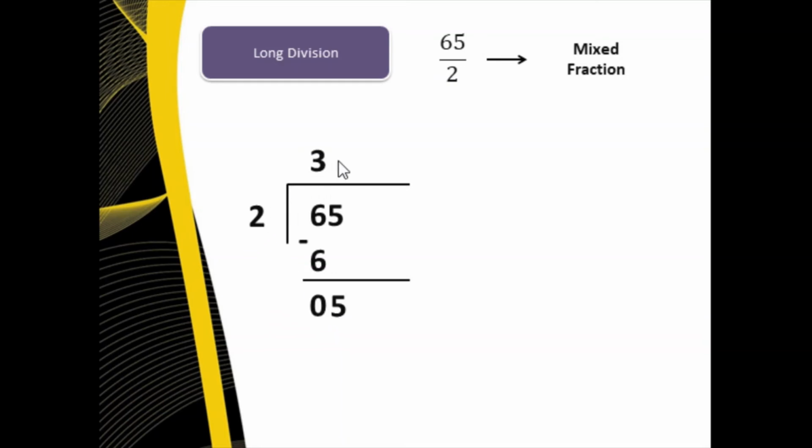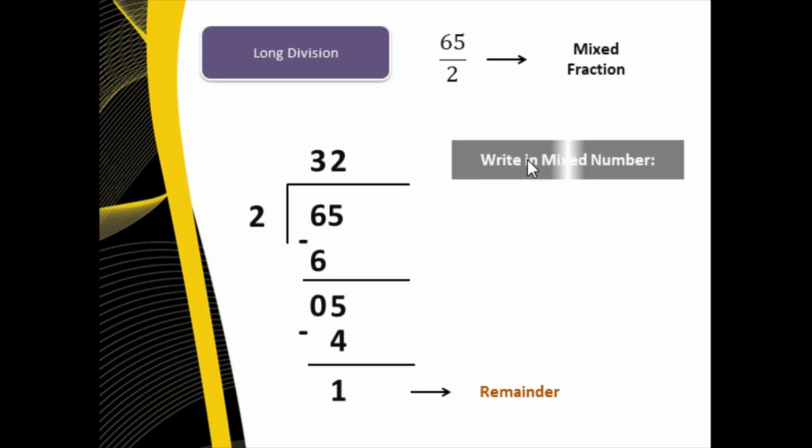We get 2. 2 times 2. We get 4. Subtract them. 5 minus 4 is equal to 1. We stop with 1 because 1 is our remainder. What is 1? Again, repeat after me. Remainder. Okay. We stop with 1 because 1 is the remainder.